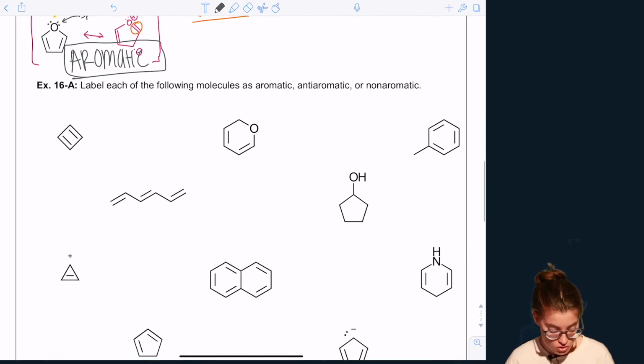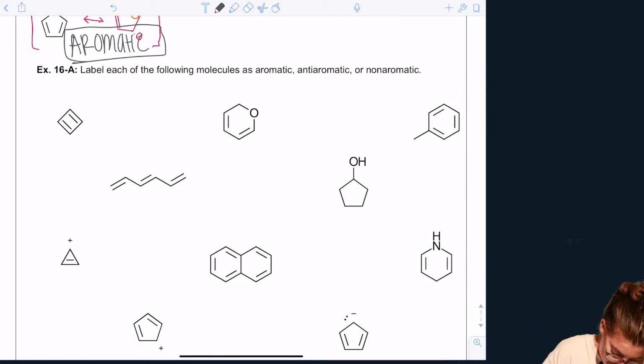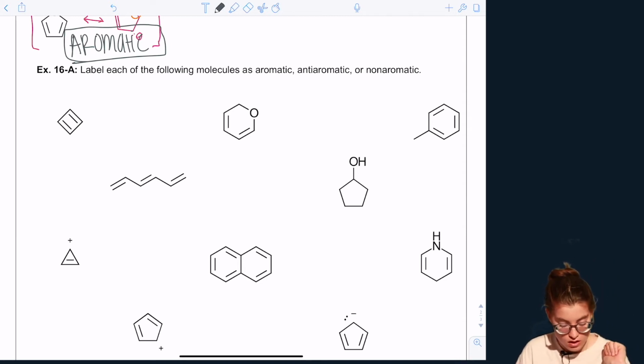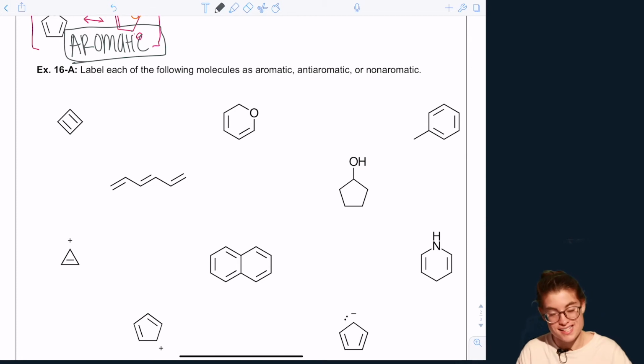Okay, so let's go through and label the following molecules as aromatic, anti-aromatic, or non-aromatic. So here, let's go through our flow chart. Is this molecule cyclic? Yes. Okay. Does every atom in the ring have a p orbital? Yes, yes, yep, and yes. Okay, so that means that my molecule is either aromatic or anti-aromatic.